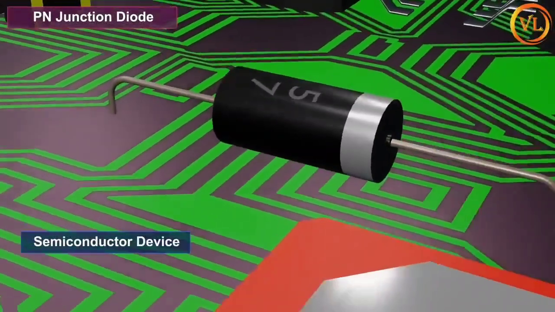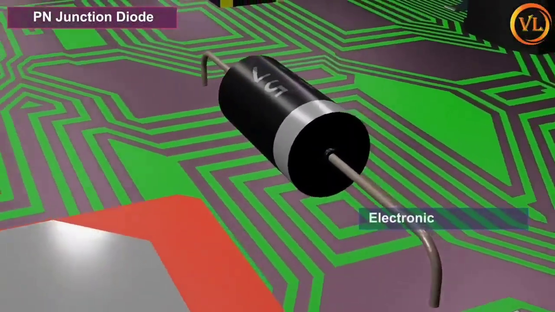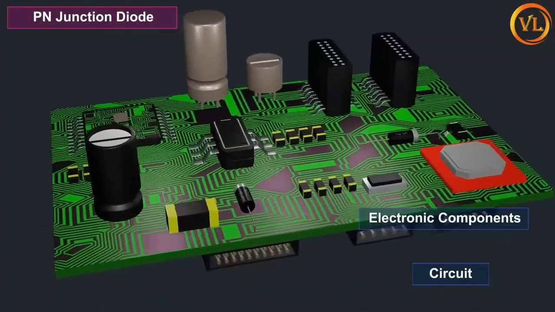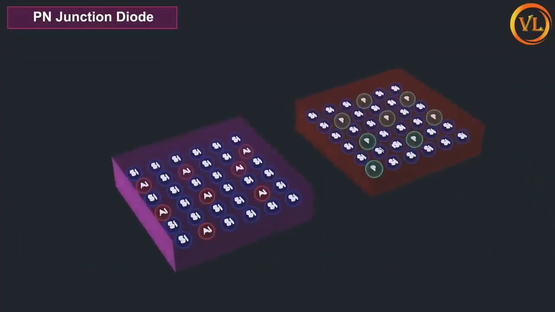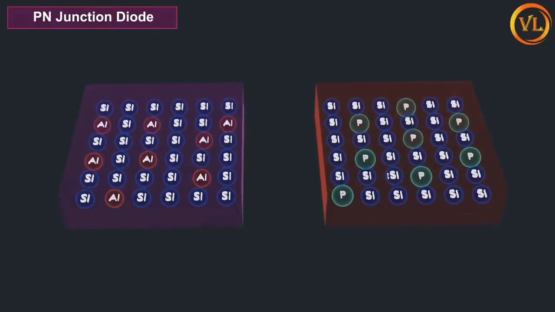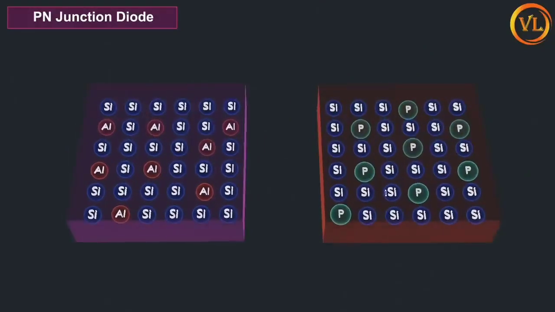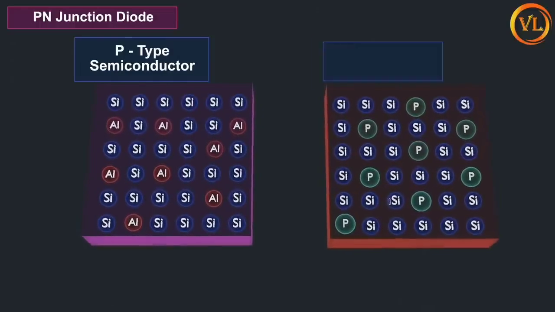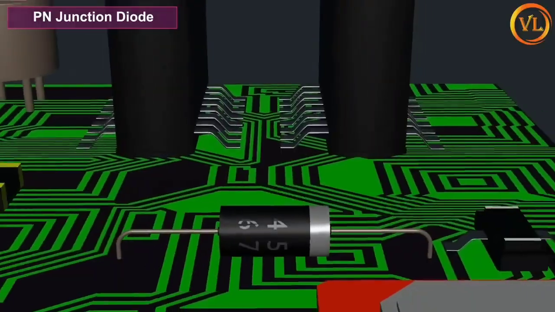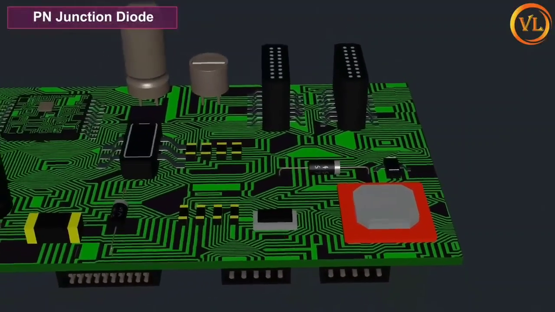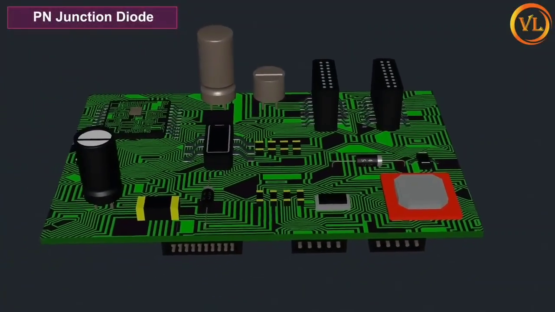However, unlike a resistor, a diode does not behave linearly with respect to the applied voltage, as the diode has an exponential current-voltage relationship, and therefore we cannot describe its operation by simply using an equation. P-type semiconductor and N-type semiconductor make up a PN junction diode.